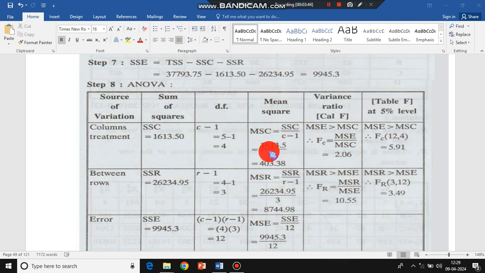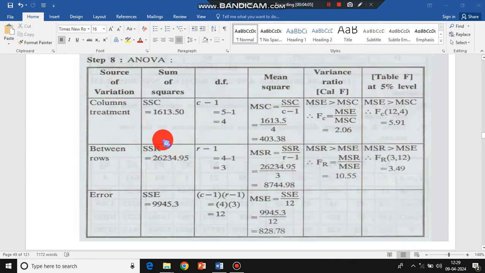Substitute that: 1613.5 divided by 4, we get 403.38. So the MSC, mean square column wise, is 403.38.